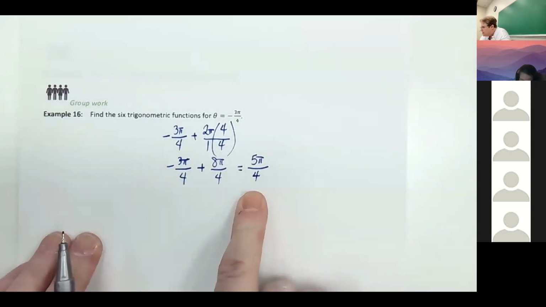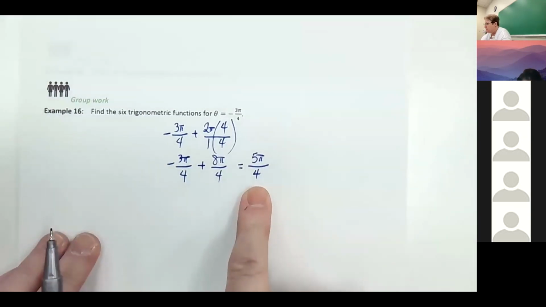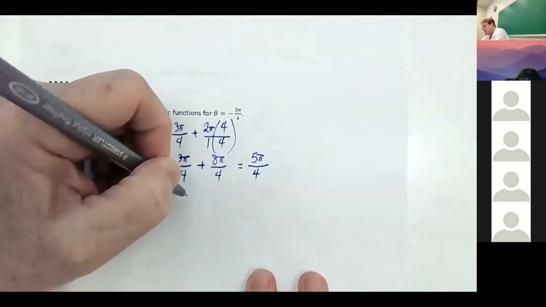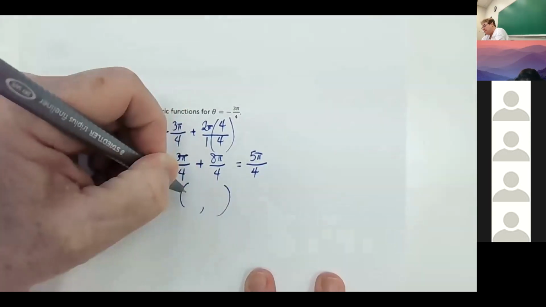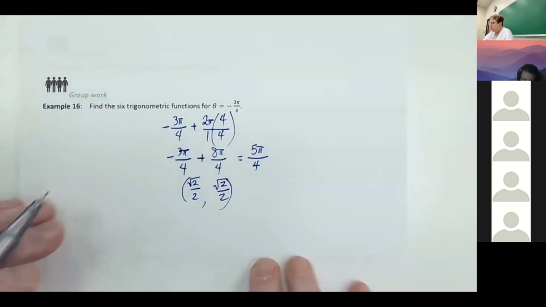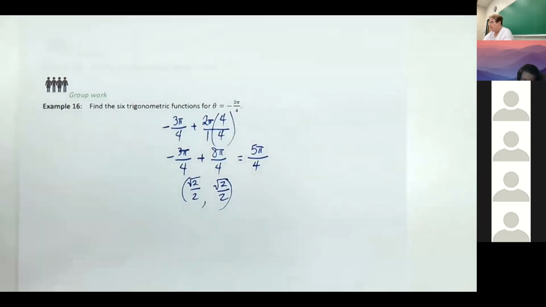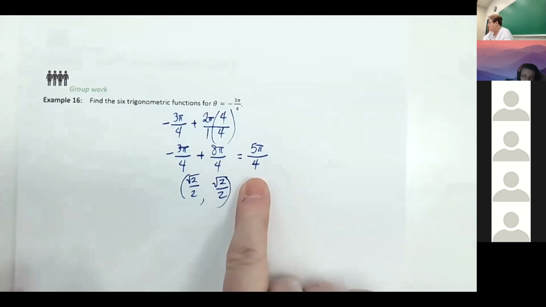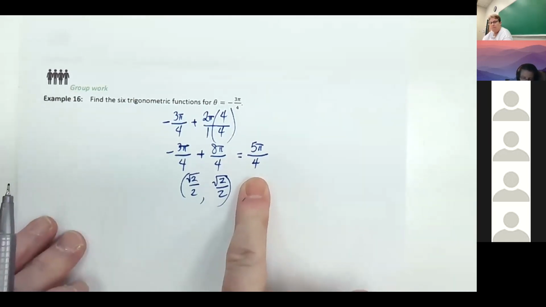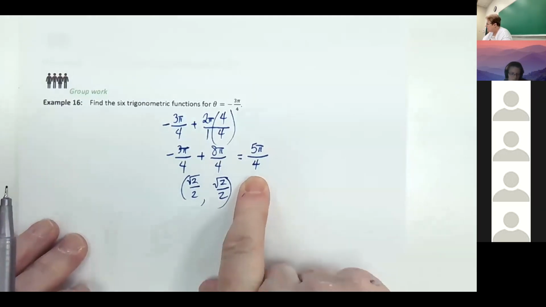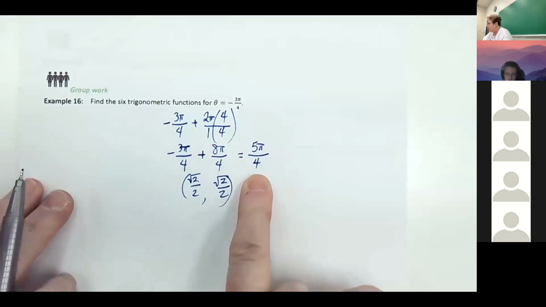Since the denominator is 4, that means that both x and y are the same. They're both going to be square root of 2 over 2. But one of them or both might be negative. So 5 pi over 4, what quadrant is that in? Is it the third? Yes, absolutely right.